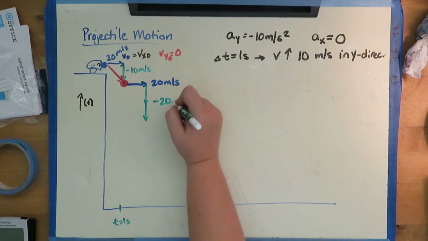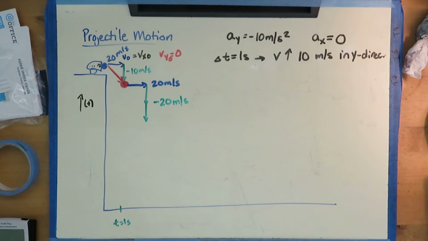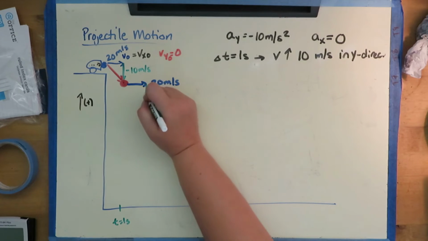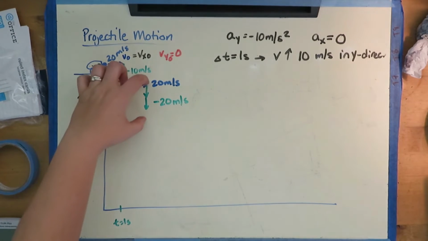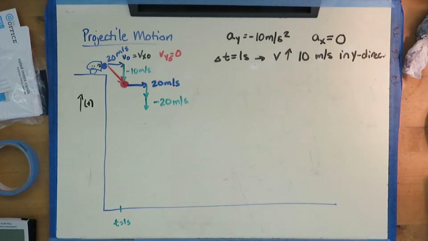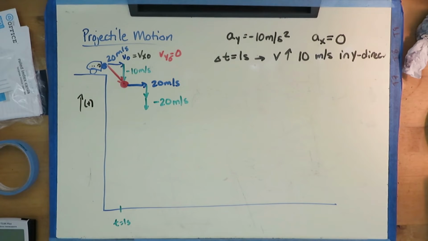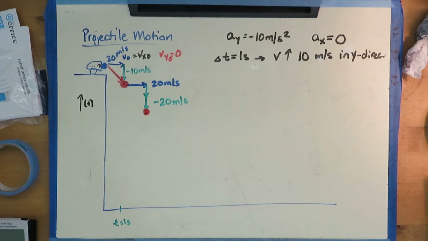So I'm now going negative 20 meters per second. And I now realize that those were not very well drawn perspectives. So I'm going to shorten these, try and make it a little better. So this is now negative 20 meters per second in the vertical, because I've been accelerated 1 more second. So I've added another negative 10 meters per second. So my object is now here.